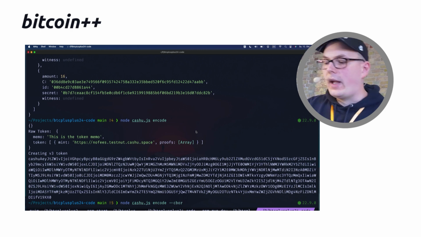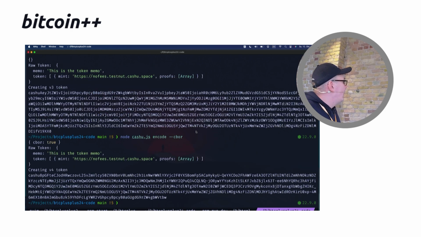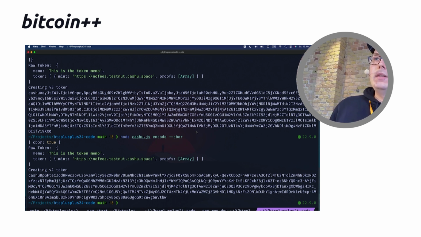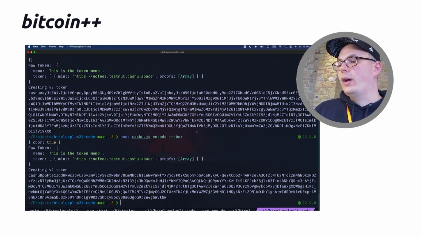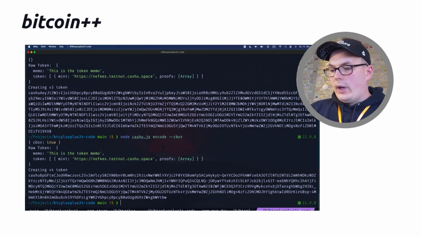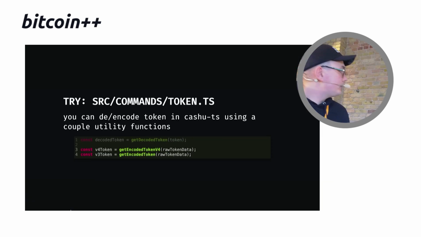If we give the flag CBOR with it, we will go the other route in our function and get the CBOR token, and you can see it's 8 lines versus 5 lines. So there's actually a lot of room saved, even though it is exactly the same data encoded. We had the same input, but we got two very different outputs. So this is cashu token and the encoding of a cashu token.